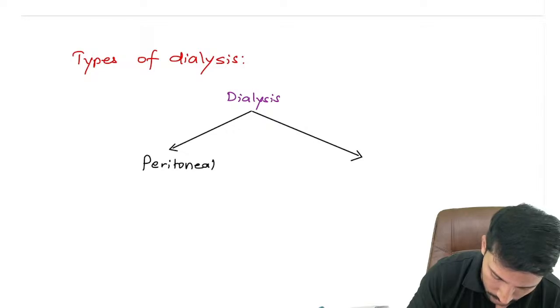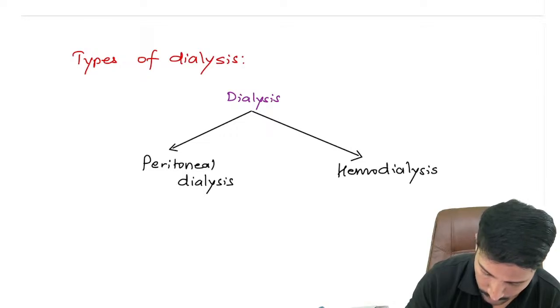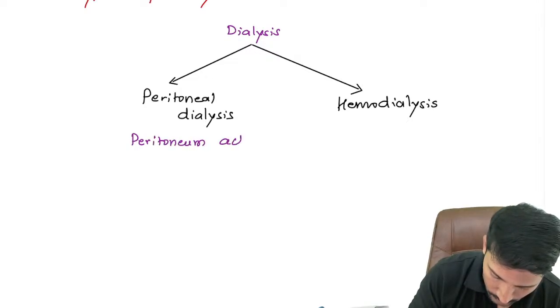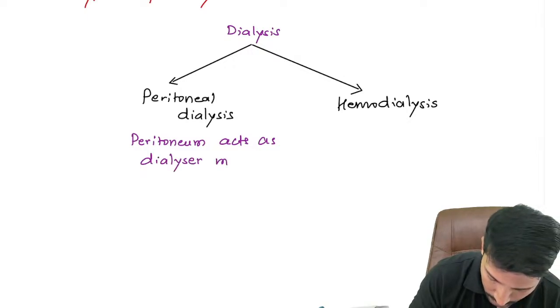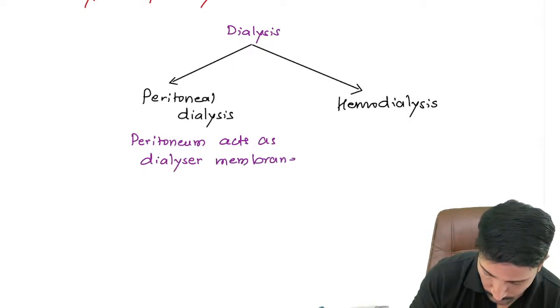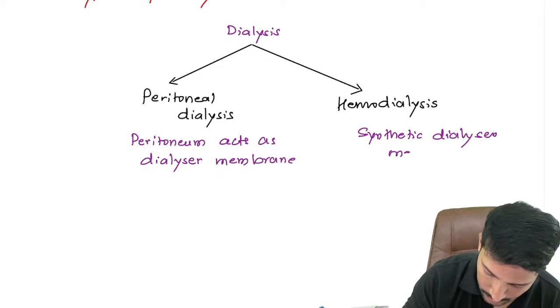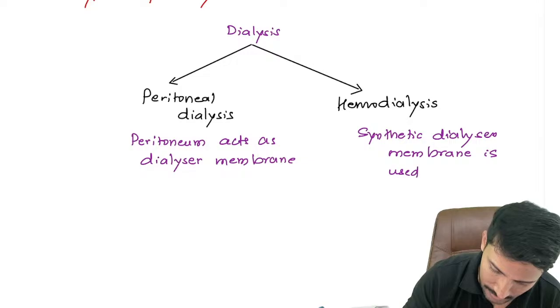In peritoneal dialysis, the peritoneum acts as the dialyzer membrane. In hemodialysis, a synthetic or artificial dialyzer membrane is used. That's the main difference.